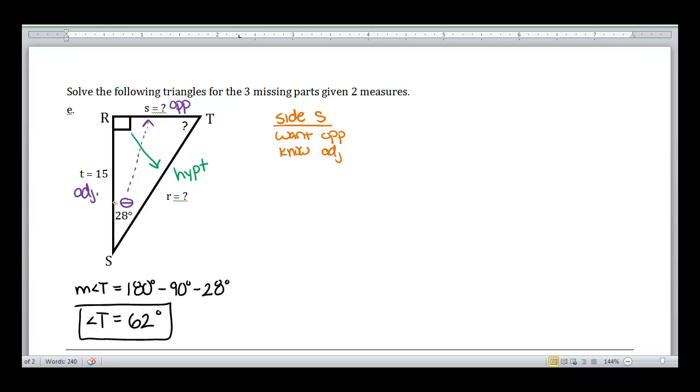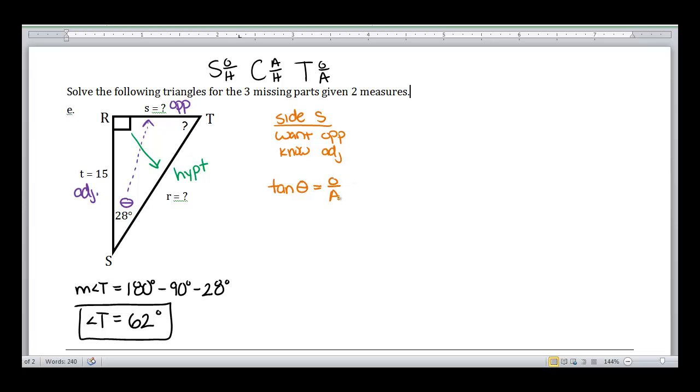At this point, I think about my SOHCAHTOA, and I ask which of the three functions has these two sides, the opposite and the adjacent. Since tangent does, that tells me I want to use the tangent function to solve for side S.